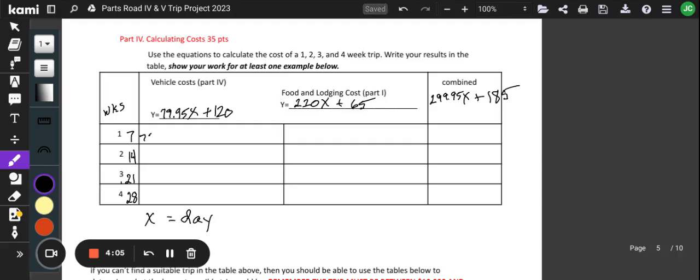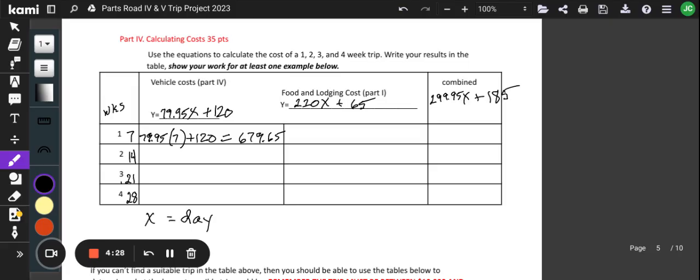So 79.95 times 7 plus 120, and that equals 679.65.